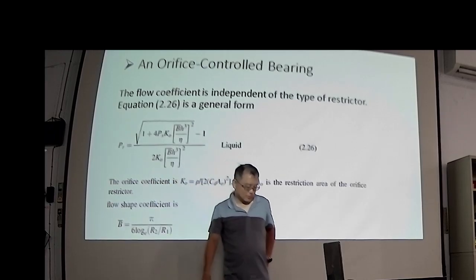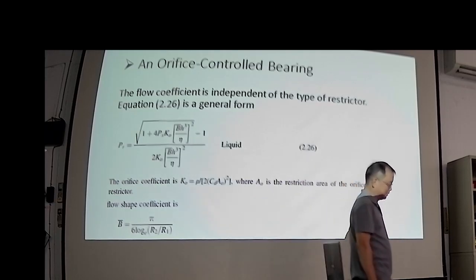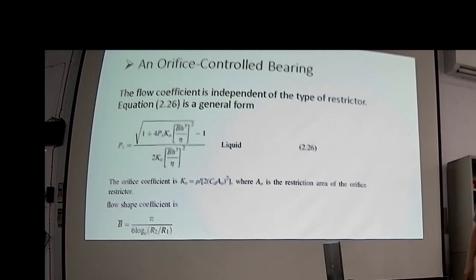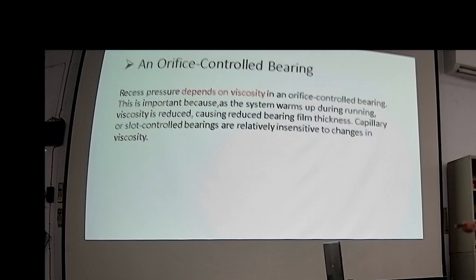So in this case, the hydrostatic bearing using orifice restriction is more sensitive to the temperature change. 相反的来说，这个 PR 的公式里面就有粘度，所以小孔节流器的液压轴承其实是对温度比较敏感，如果温度控制不好，系统会不稳定。So the recess pressure for the orifice controlled hydrostatic bearing depends on the viscosity.